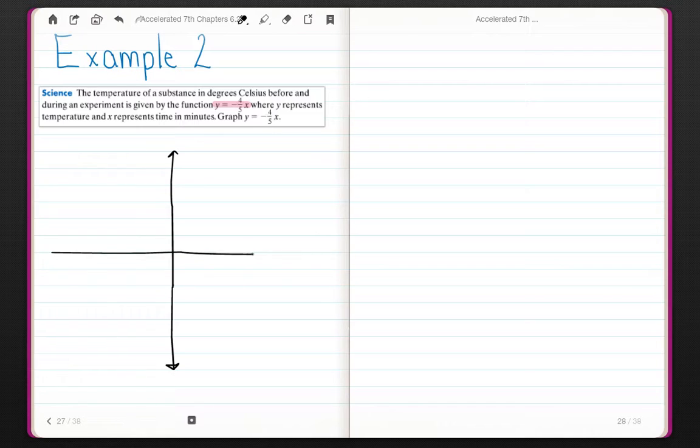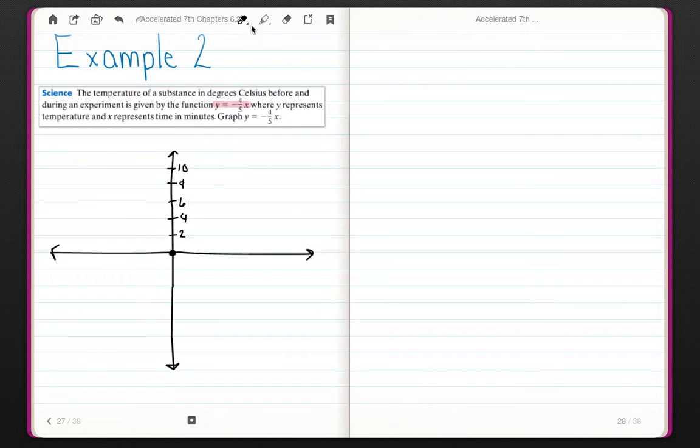So draw your x and y coordinates. This is not a first quadrant graph. Temperature can in fact be negative. So both your x and y axes should have negatives. Now I notice that there is no plus b. So I know that my graph is going to go through 0. Now I'm going to go ahead and count by 2s. 2, 4, 6, 8, 10.